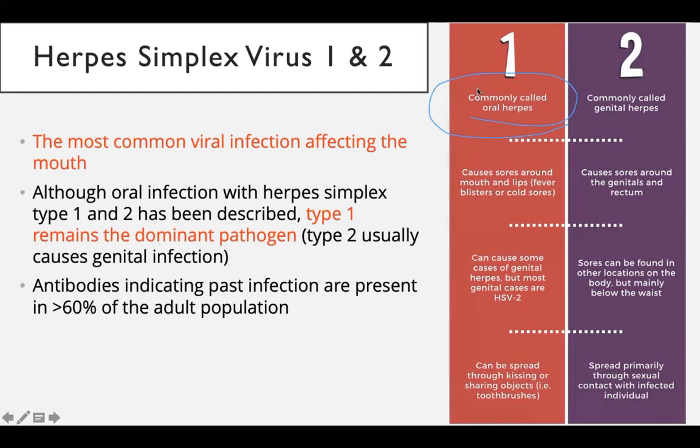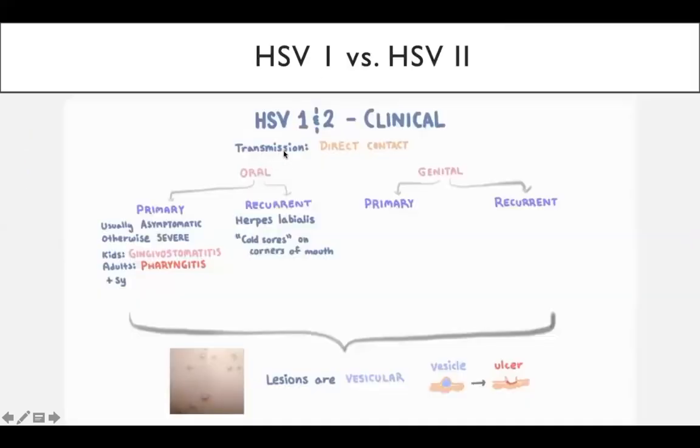And then we had the most common viral infection affecting the mouth, type 1. Type 1 is more dominant towards the oral side, and type 2 is towards the genital, causing genital herpes. Other than that, we studied the clinical transmission, oral or genital transmission, primary and recurrent.